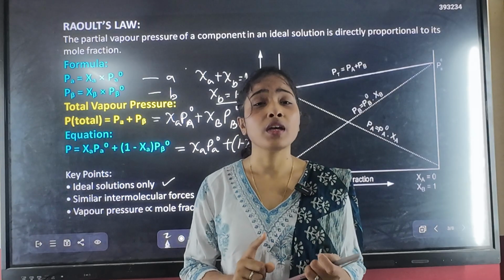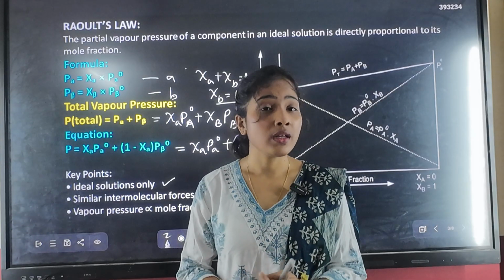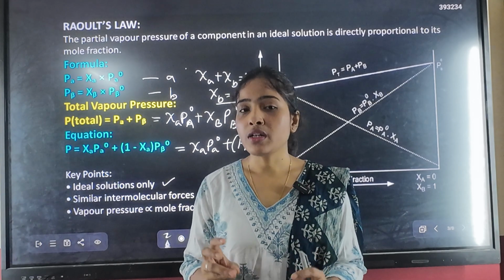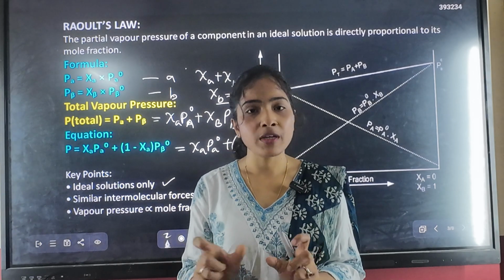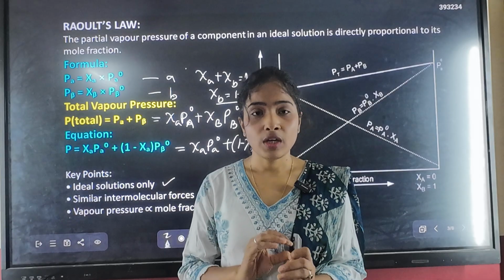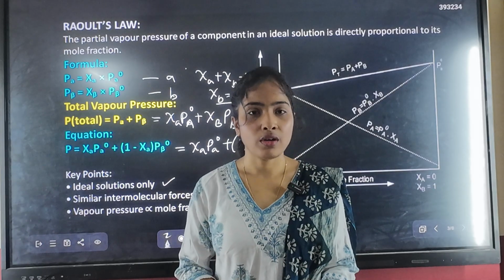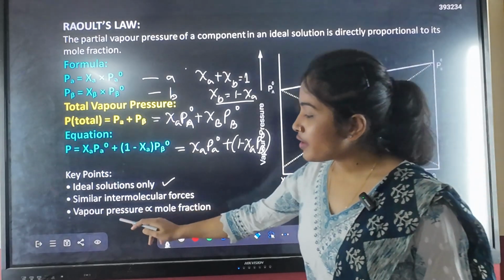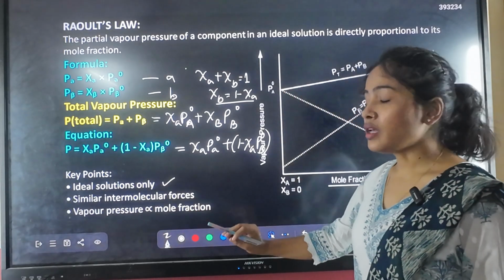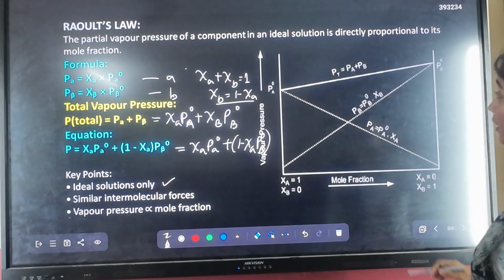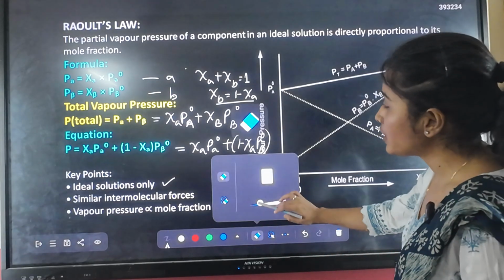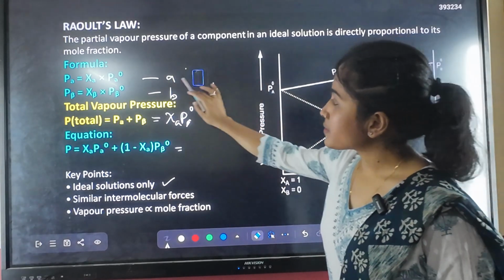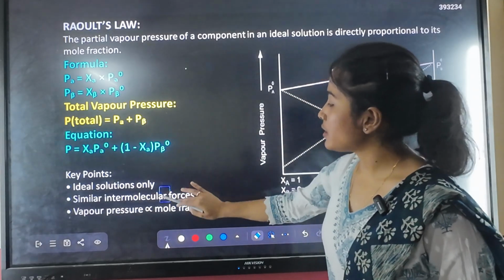For example, if I take bromoethane and chloroethane, the structure is almost the same, right? So they will just occupy the space in the liquid and it will be a homogeneous mixture. Those types of solutions follow Raoult's law, and the vapor pressure is directly proportional to the mole fraction. After that, if I want to see the graphical representation of Raoult's law, it is in this way.